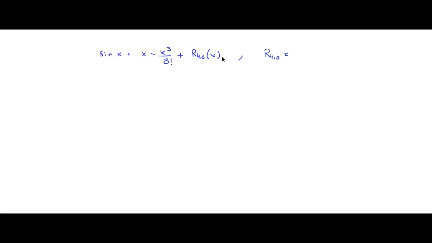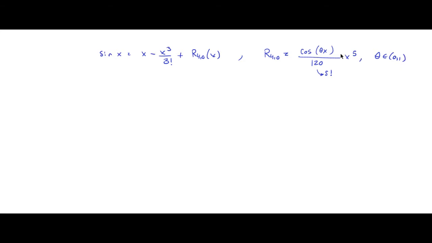This is the 5th derivative, sorry, of the sine, which is going to be the cosine at some point c between 0 and x, but again we can write this as the cosine of theta x, where theta is between 0 and 1, divided by 5 factorial, which is 120, right? This is 5 factorial times x to the 5, okay, and then theta is between 0 and 1.